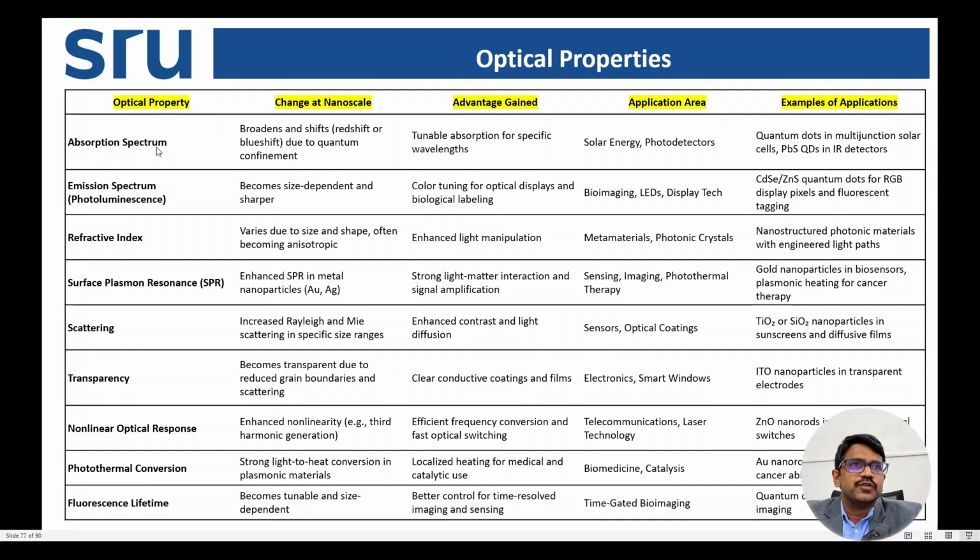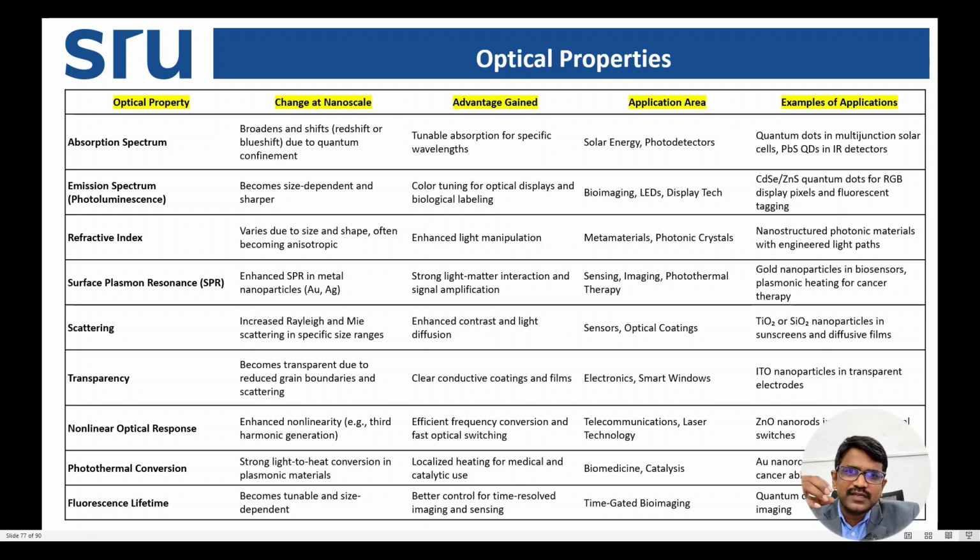So, absorption spectrum broadens and shifts, redshift or blue shift, due to quantum confinement effect, right? Because of this quantum confinement effect, we can tune the band gap. By tuning the band gap, we can tune the absorption range of sunlight.